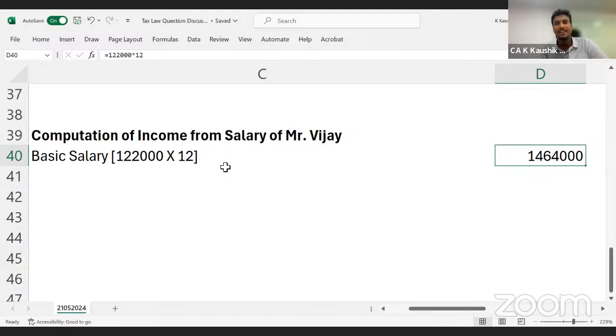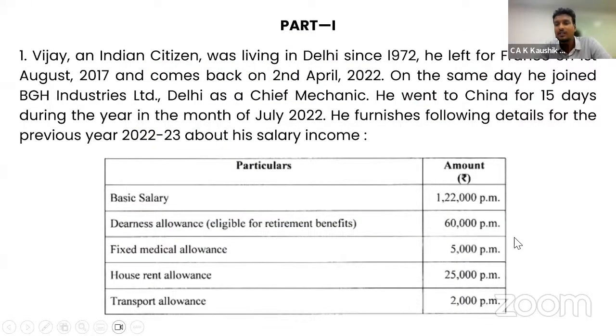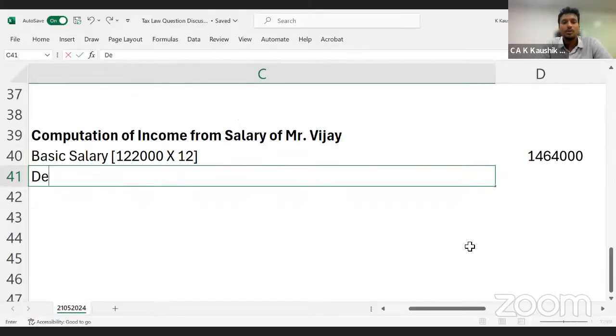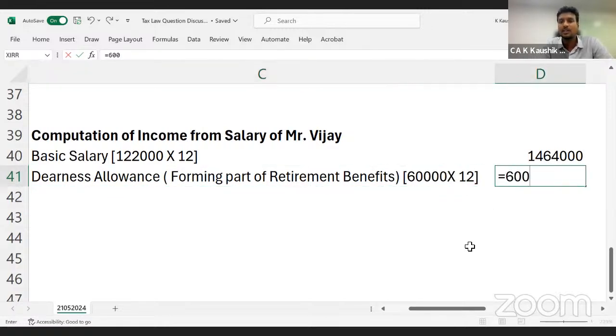Then moving further, we have dearness allowance, given as 60,000 per month, eligible for retirement benefit fully, so dearness allowance forming part of retirement benefit. 60,000 into 12 becomes 7,20,000.